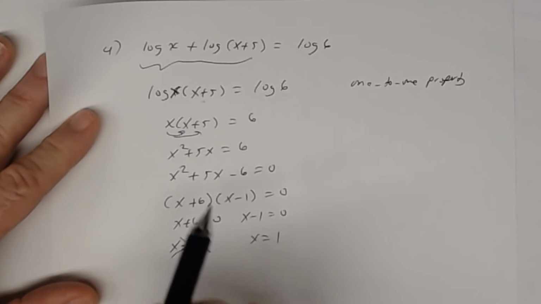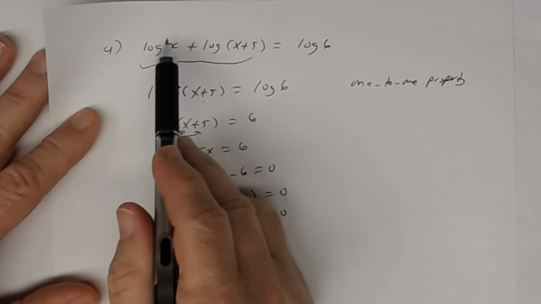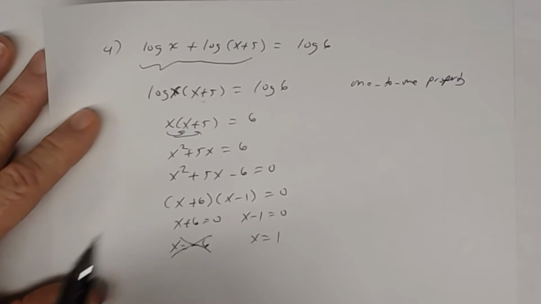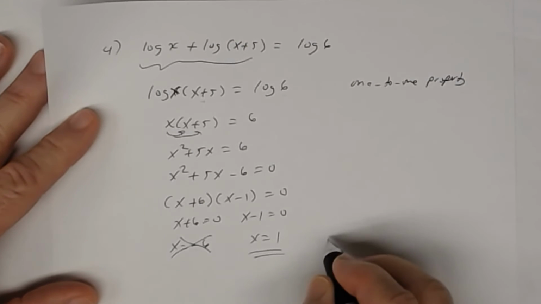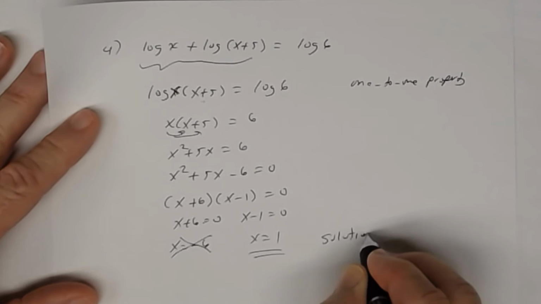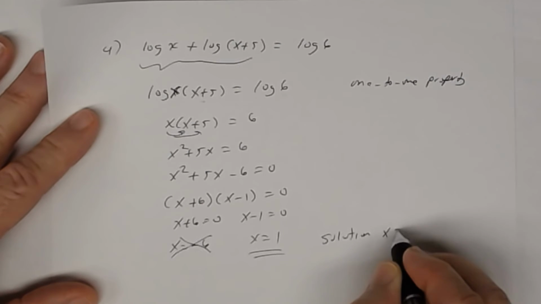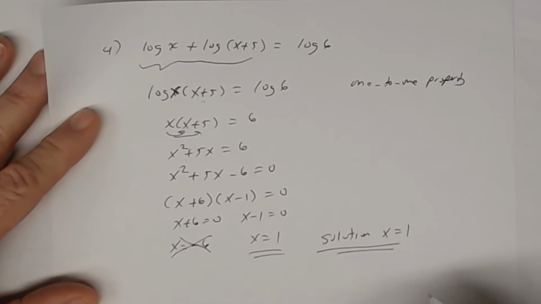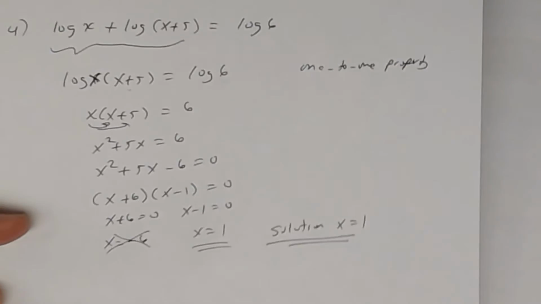You always got to check both of them. 1 is positive, 1 plus 5 is 6, and that's positive. So that one's going to work. So the solution is x equals 1. Okay? All right, so that's number 4. See, it's not difficult. It's a very, very simple process to solve these log equations.